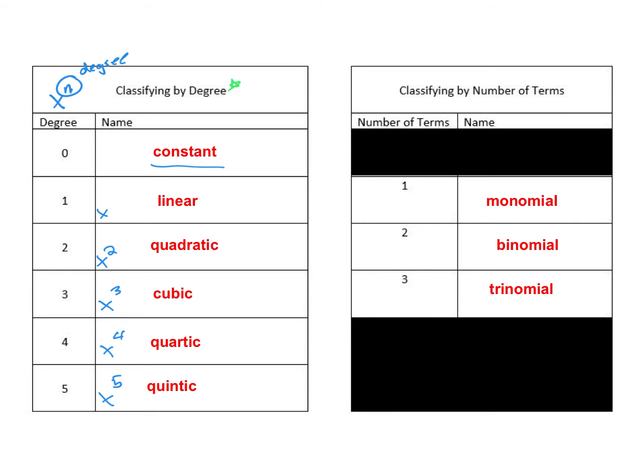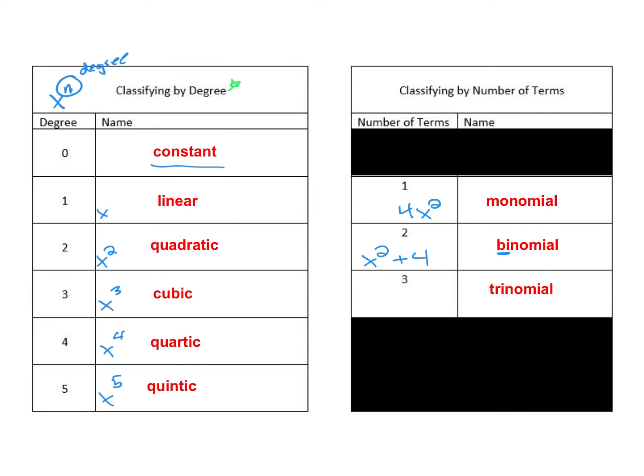When we classify by the number of terms, remember, each time you see multiple terms, this is where we can say like just 1. So maybe all we see is a 4x squared. Well, that's going to be a monomial because there's only one term. Binomial might be something like x squared plus 4. Now we see 2 of them, so that's going to be binomial.